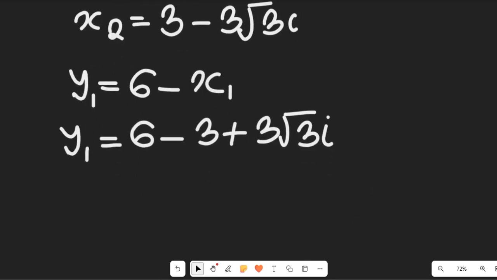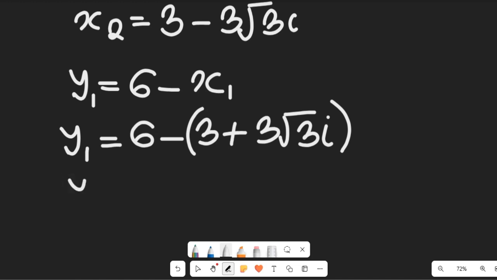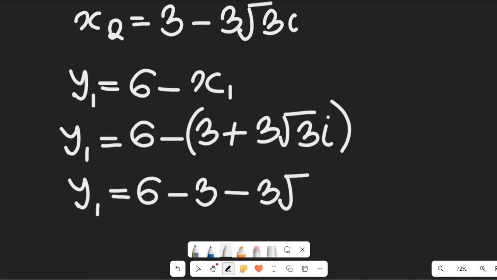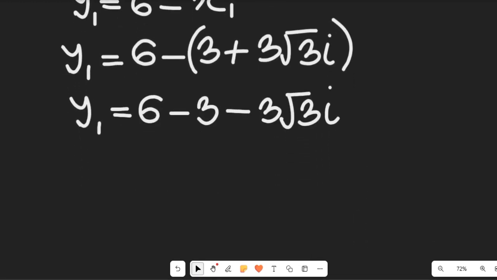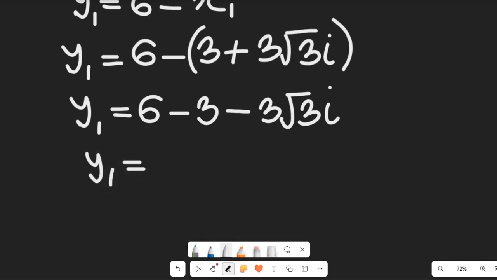And that expression, if we multiply this, is going to give us y1 equal to 6 minus 3 minus 3 root 3i. So this expression is going to give us the value of our y1 to be equal to 6 minus 3, which is 3, minus 3 root 3i.